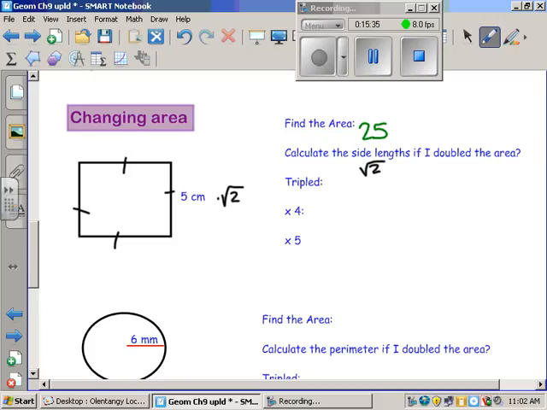If you tripled the area, the sides would go up by the square root of 3. If you quadrupled the area, the sides would go up by the square root of 4, or 2. And if you change the area by 5, the sides would change by the square root of 5. Okay?